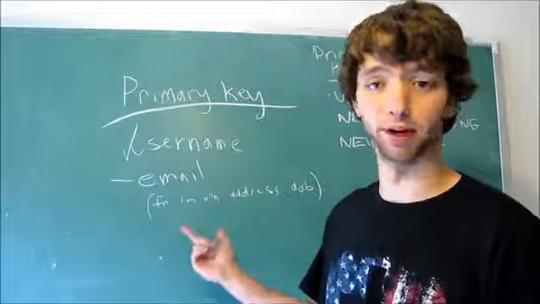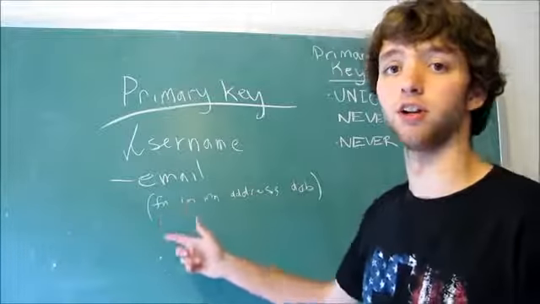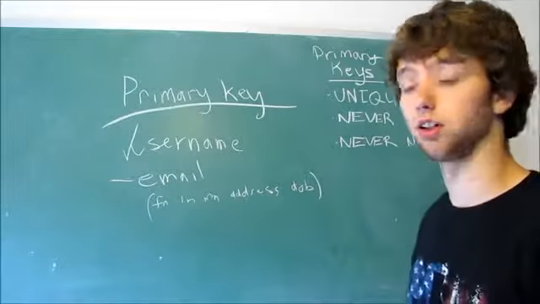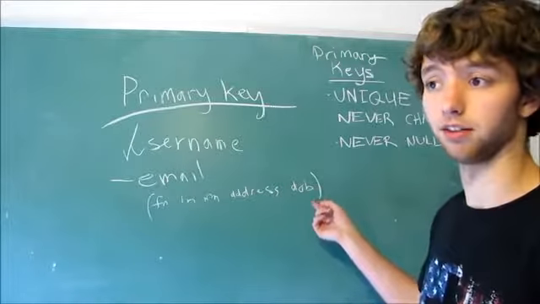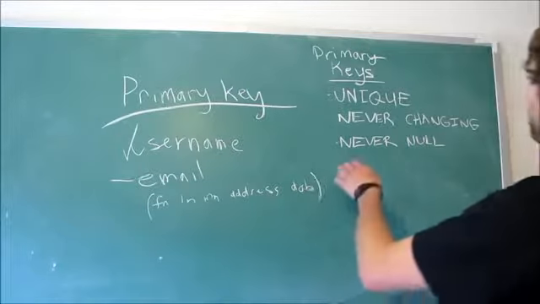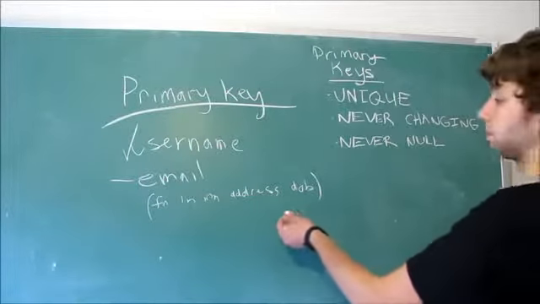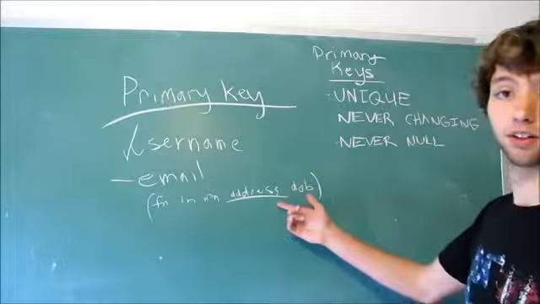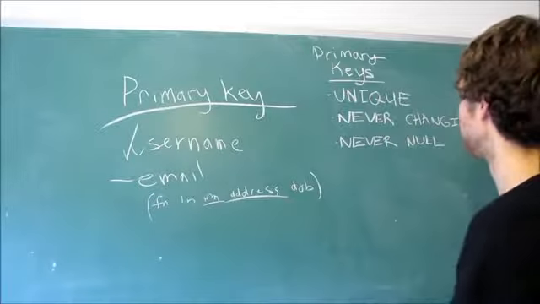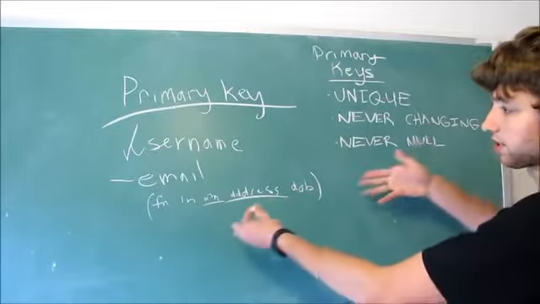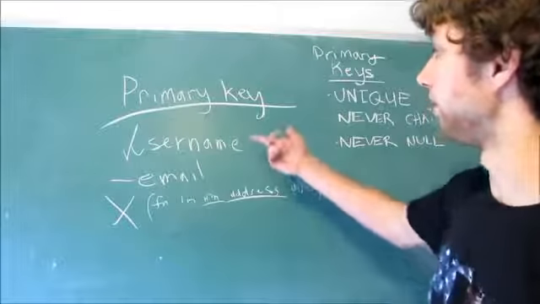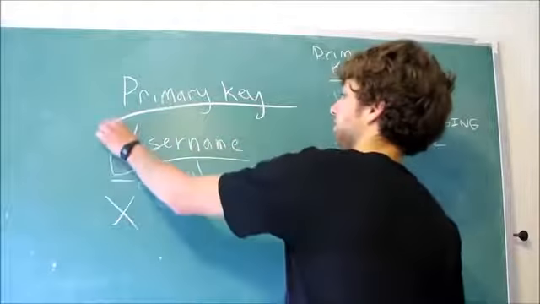Well, people can get married, so their last name can change. First name or middle name can even change. You can move. You can't be born on a different date. I mean, you can't be born again, unless you become a Christian. But anyways, never null? Well, some people might not have an address, or they might not have a middle name, or something like that. So this is probably not the best primary key. In this example, I'd probably go with the username.